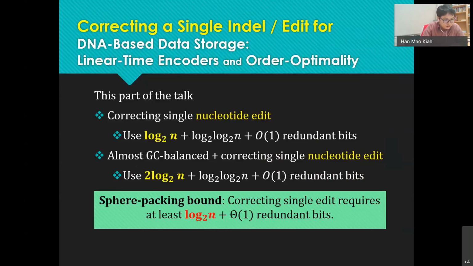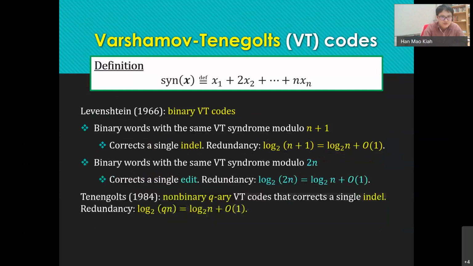Now, for the binary case, especially for single edits, the problem has already been solved way back in 1966 by Levenshtein. Basically, what he observed was that the codes found by Varshamov and Tenengolts, which correct asymmetric errors, can be used to correct a single insertion or a single deletion. I'm going to refer to this as indel.